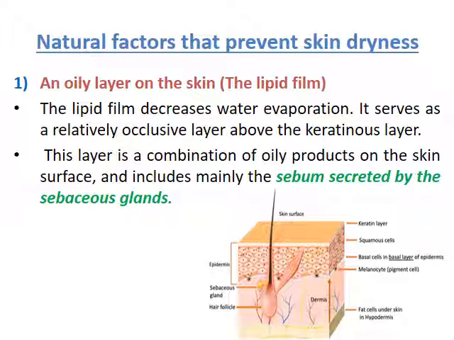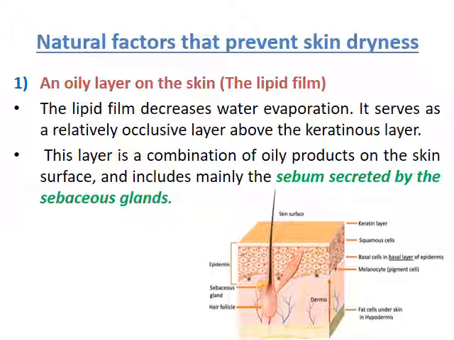طيب. What are the components of this layer? This layer is simply a combination of oily products on the skin surface, mainly composed of the sebum secreted from the sebaceous glands. In our skin, we have glands called sebaceous glands. These glands secrete a substance called sebum.